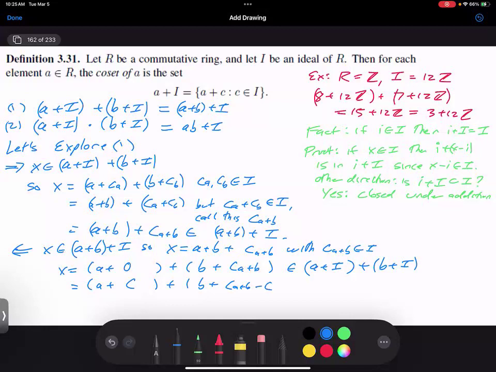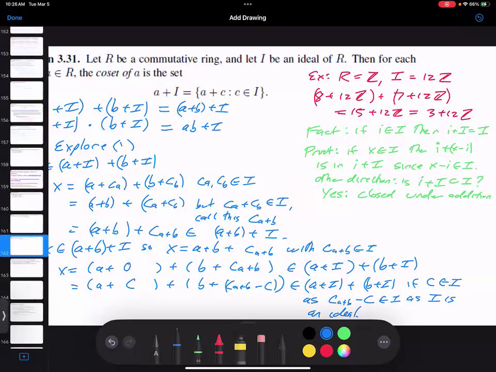I'm basically just adding 0. And that's also an A plus I plus B plus I if C is anything in I, as C A plus B minus C is in I, as I is an ideal. So the easiest choice is to take C equals 0. But I can take anything I want and just combine it like this. And so this is how we define addition. And you can simply show that if we define multiplication, everything is going to be good.